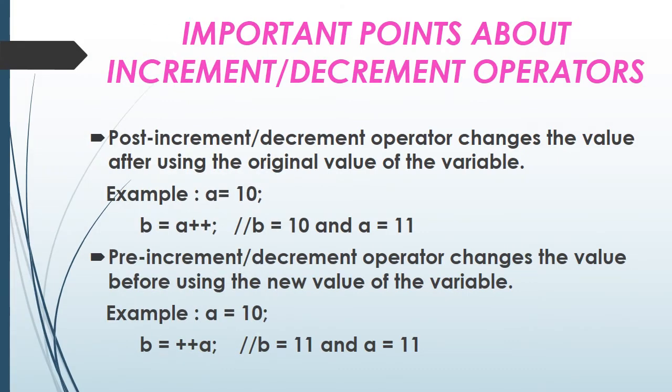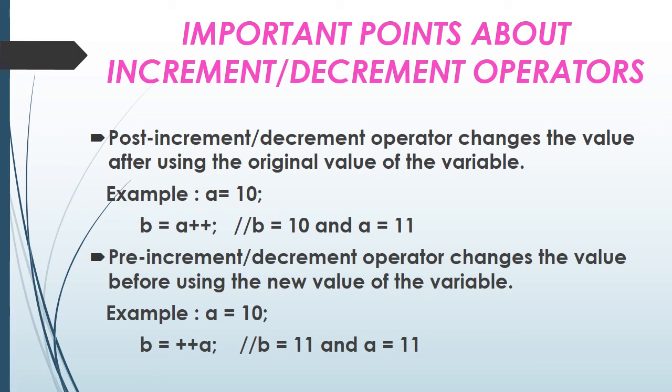We will see some important points about the increment and decrement operators. What are the important points? There are two types of increment and two types of decrement operators: post-increment, post-decrement, and in the same way, pre-increment, pre-decrement.